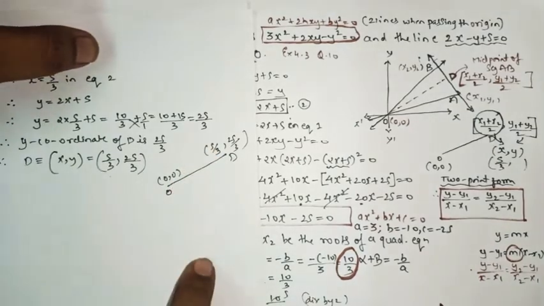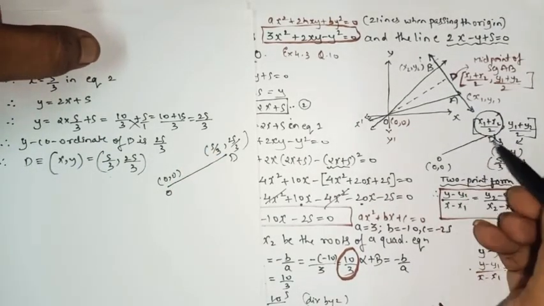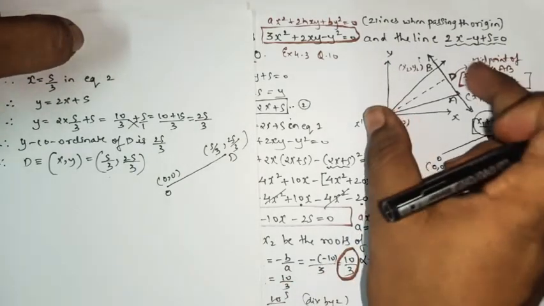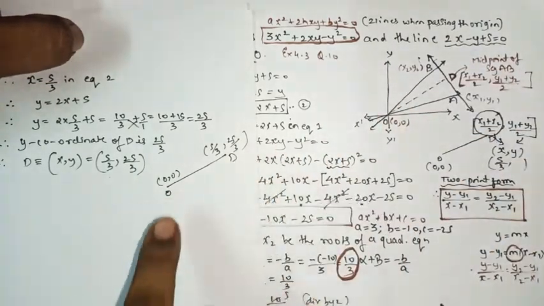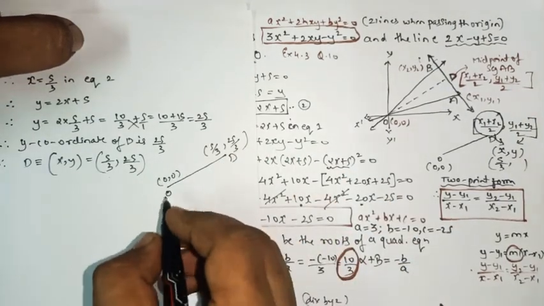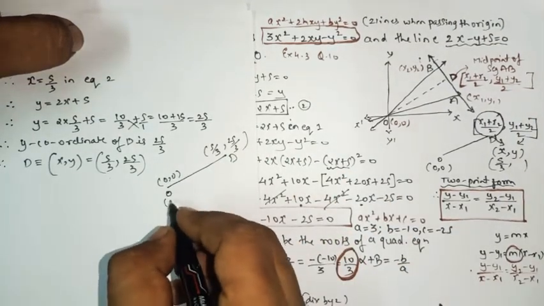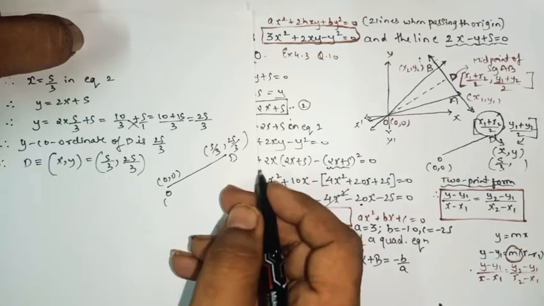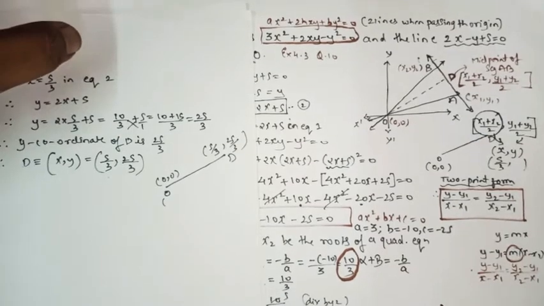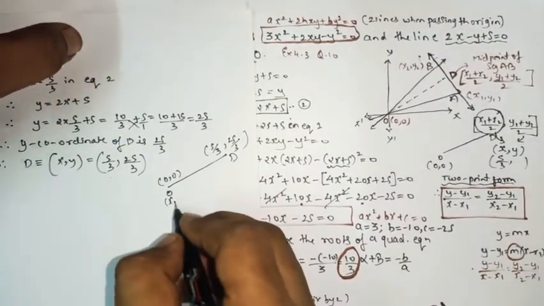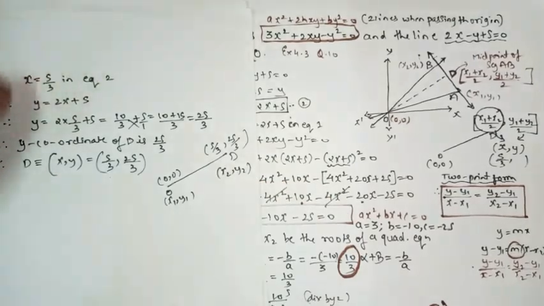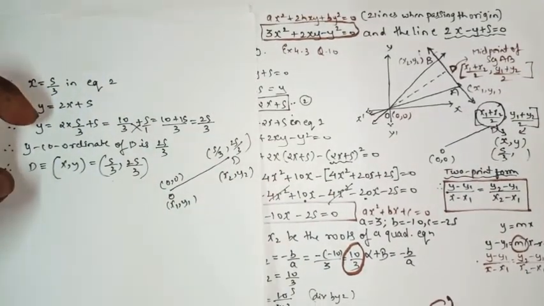After that we have to find the equation of the median. So here OD is a median, so I took that line separately. Here we have the coordinates of O and D. Simply consider this 0 comma 0 as x1 y1 and this as x2 y2, yes or no?